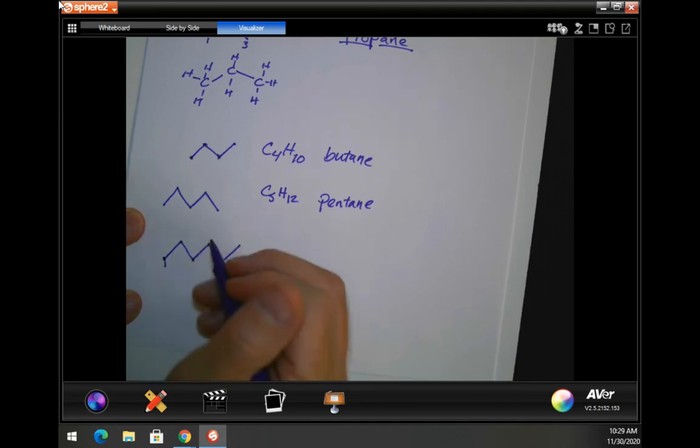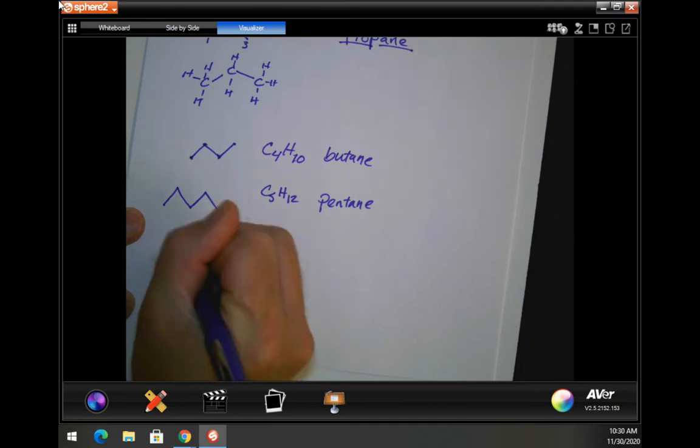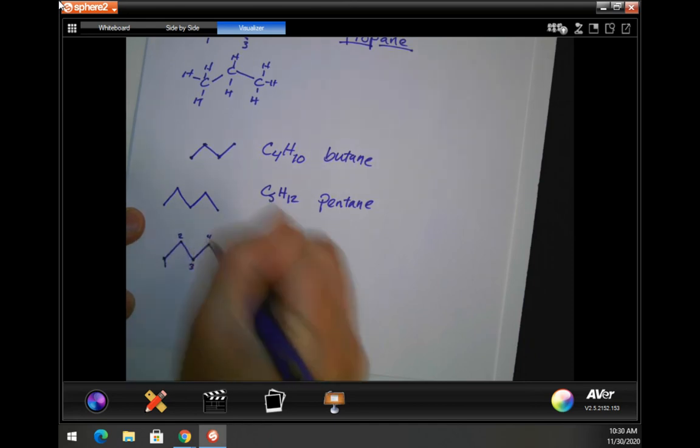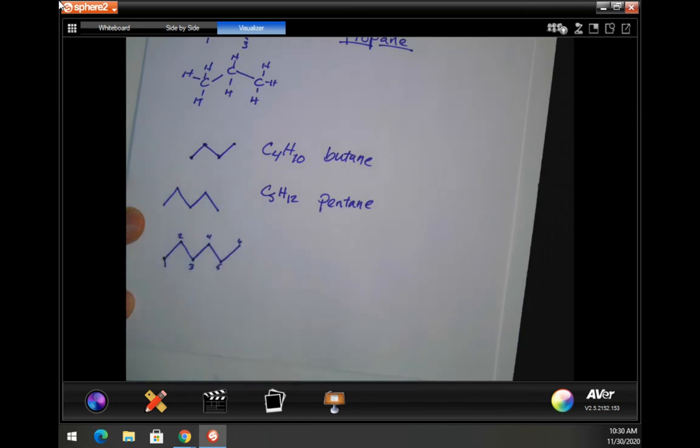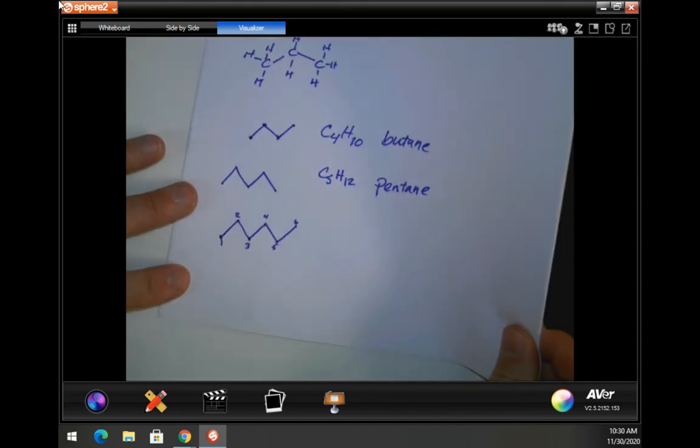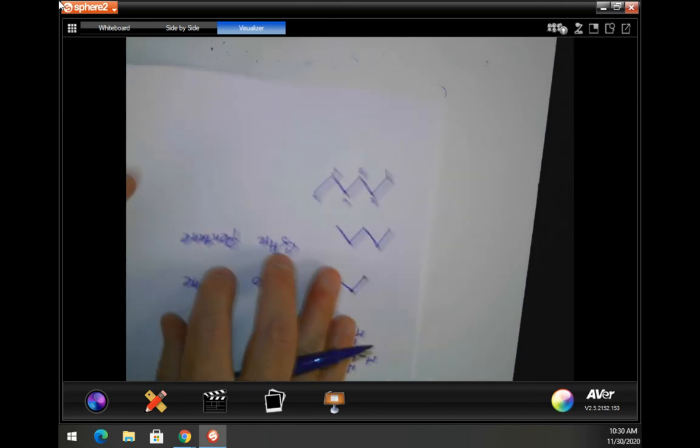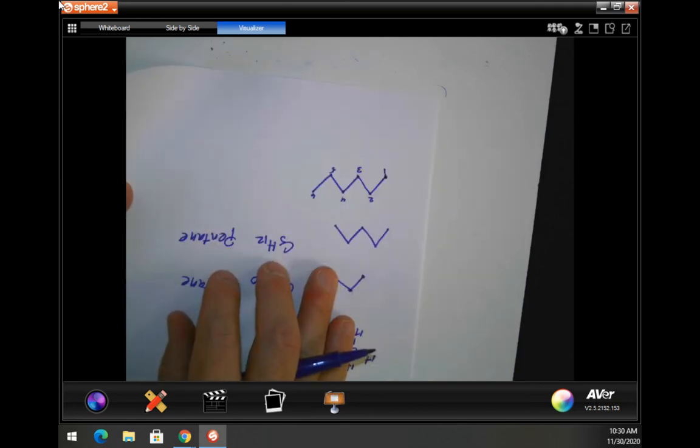And get in the habit of numbering them, because I'm going to tell you something. Watch what I do. That is the same as that, because this thing's in space and it can move around.